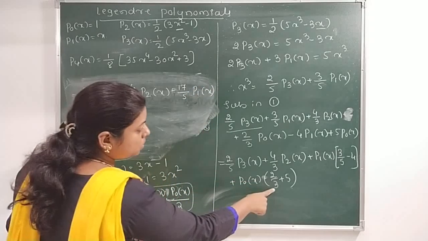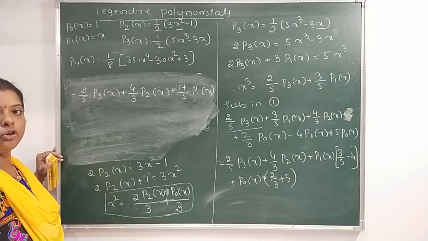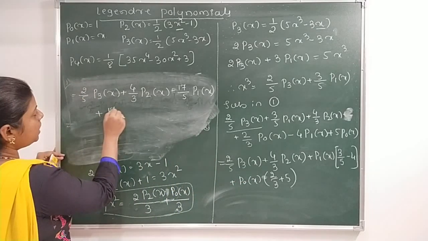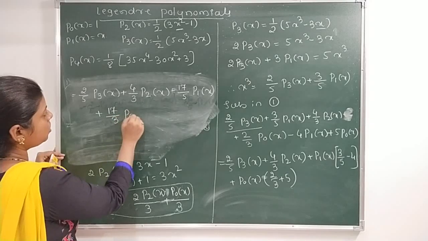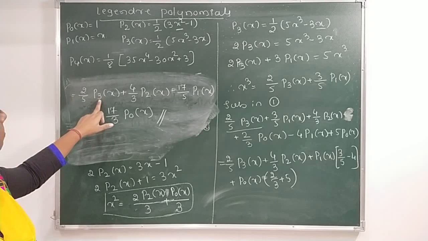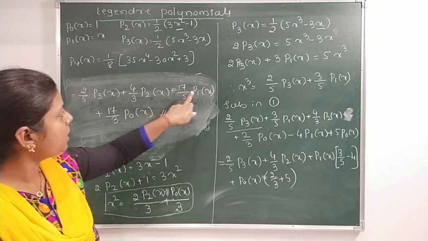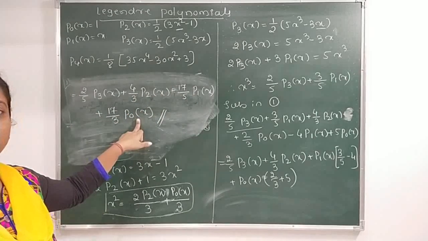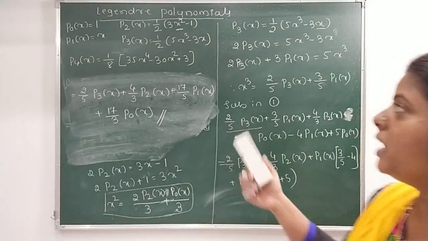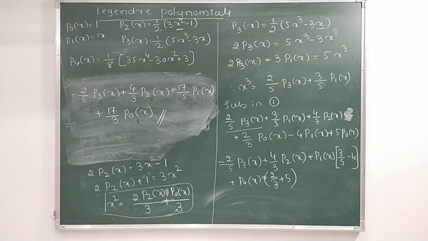Next we take the LCM of 3: 3 into 5 is 15 plus 2, 17, plus 17 divided by 3 P0 of x. The cubic equation we rearranged in terms of P3 of x, P2 of x, P1 of x, P0 of x. This is the Legendre polynomial form that we have to rearrange in terms of P.